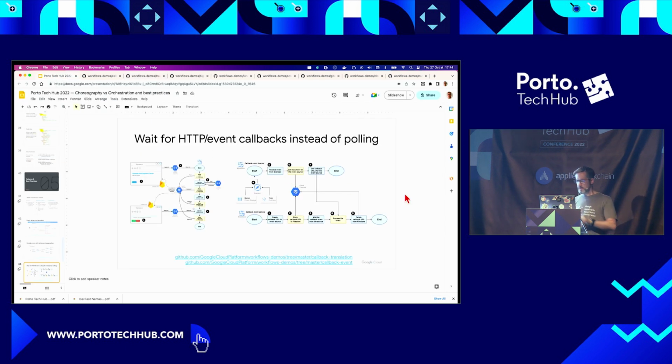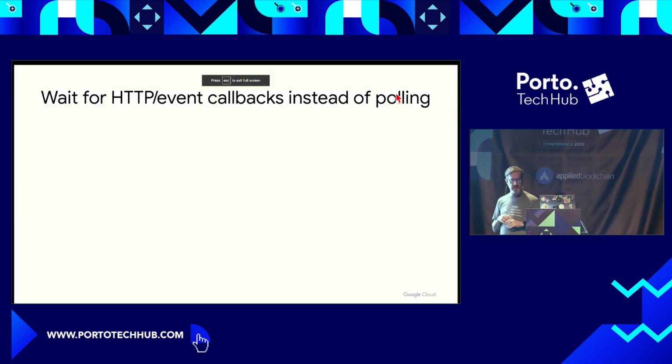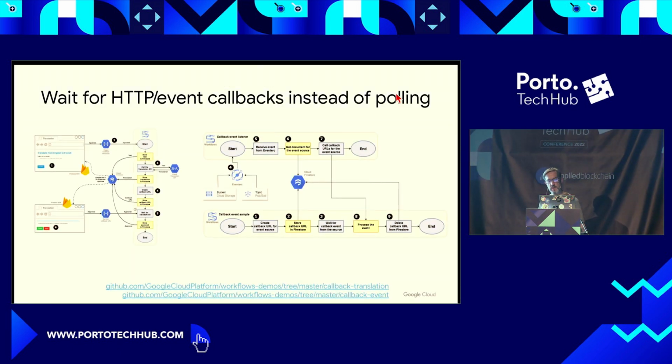The other example is another approach, but I won't show it in detail. You can have different workflows that cooperate together. For example, the one at the bottom is triggered somehow, but we want to wait for another event to happen in your architecture.